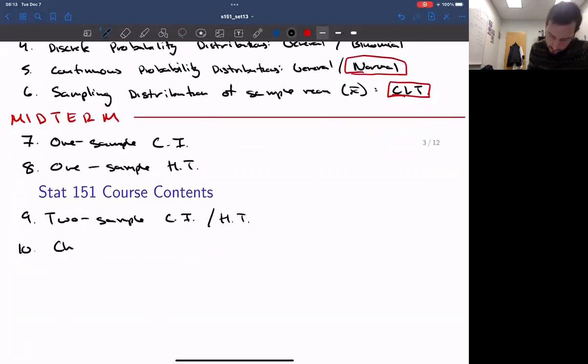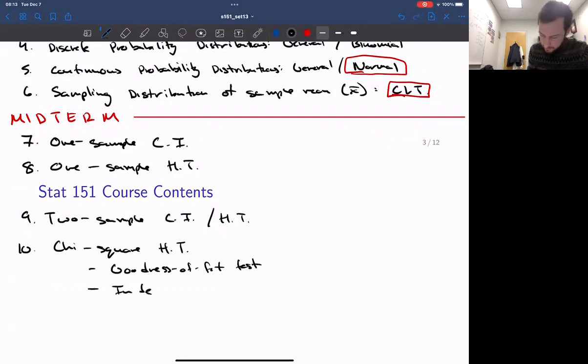Then we did chi-square hypothesis tests. So these were the goodness of fit test and the independence test.